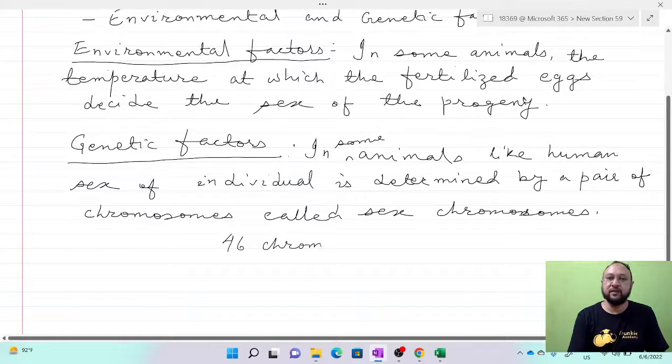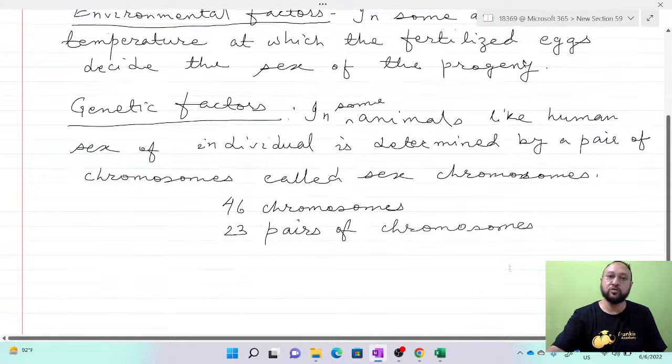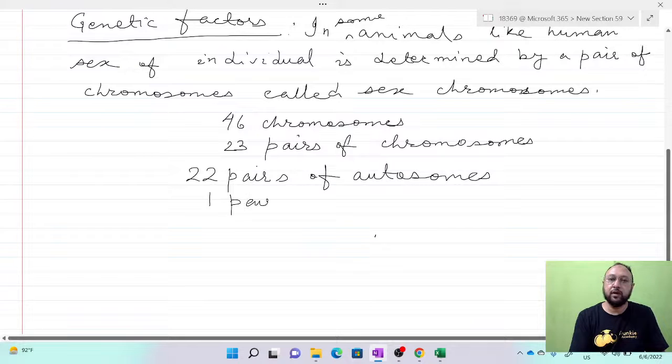It means that there are 23 pairs of chromosomes. Out of these 23 pairs, 22 pairs are autosomes, that means they are not sex chromosomes. So 22 pairs means 44 chromosomes are autosomes, and one pair, that means two chromosomes, are sex chromosomes.